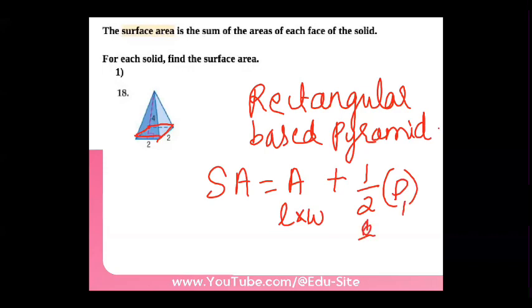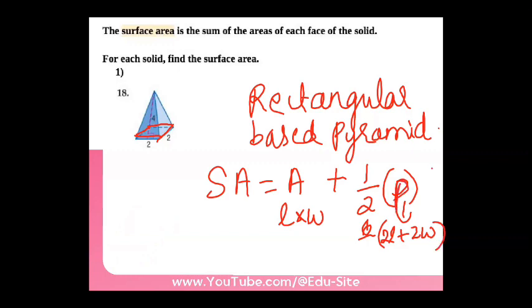The perimeter is 2 times the length plus 2 times the width. Perimeter means you add all of the sides. So half into P.